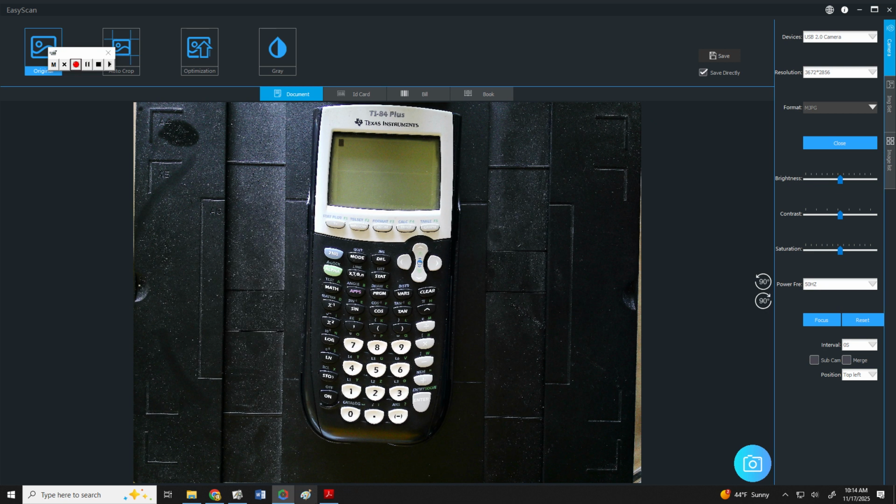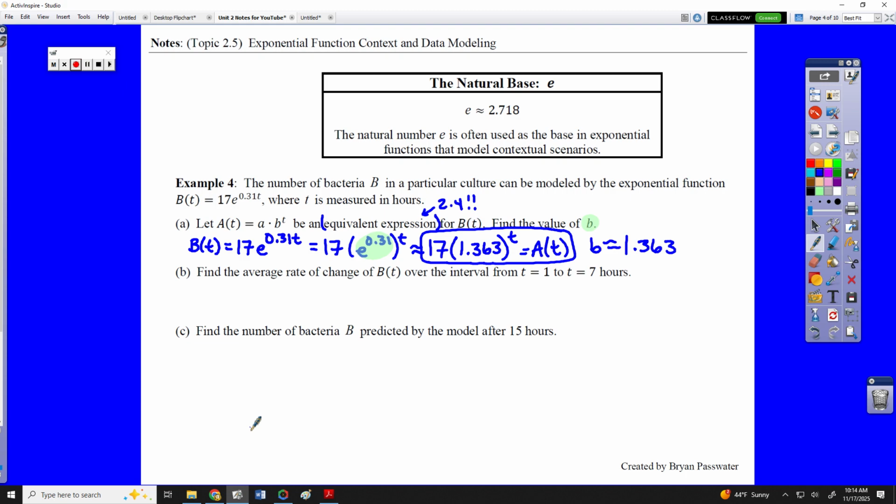So real quick, let's write out what that would be in our notes. If we want to find the average rate of change for B of t over that interval, remember that these are your x1 and x2.